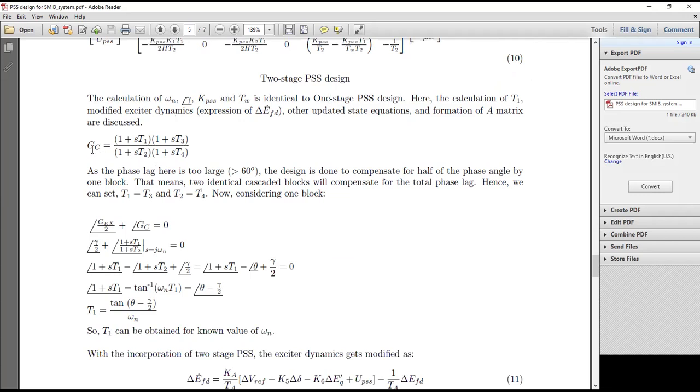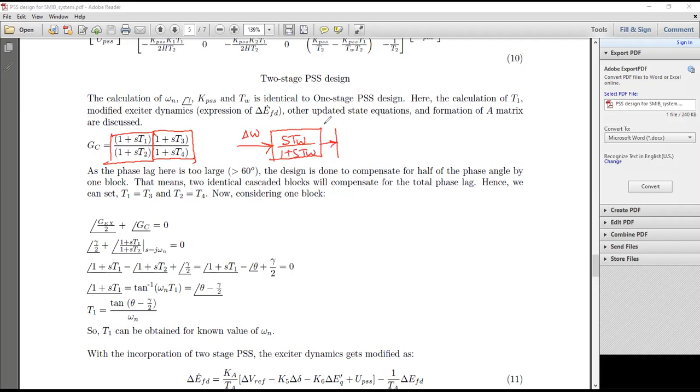So the form of the compensator would be now like this. You will have 2 blocks and they will appear in series, in cascade, so you can multiply them. Basically you have 2 stages here. This is first stage, and then this is the second stage. So you will have del omega being fed to your washout block, STW over 1 plus STW.